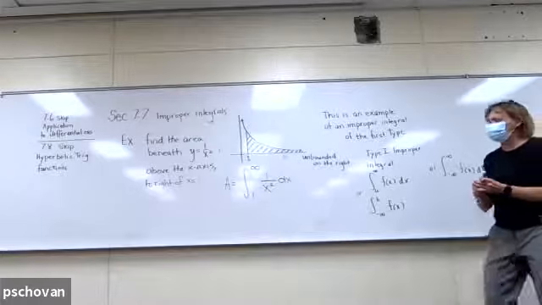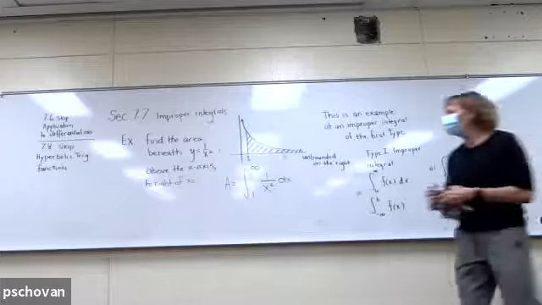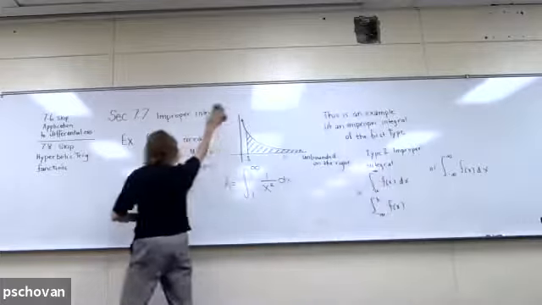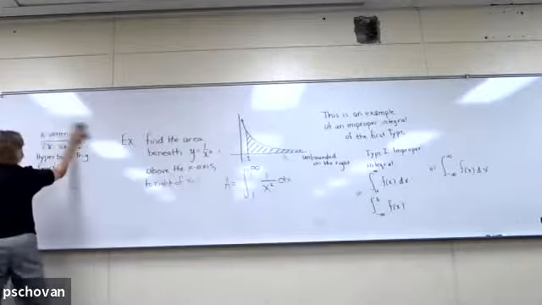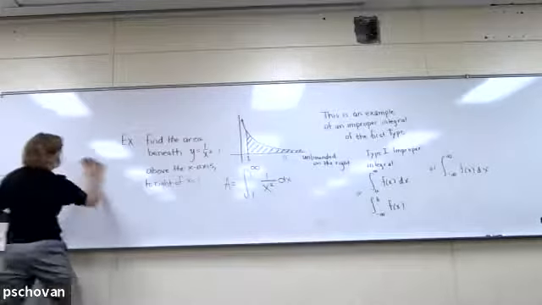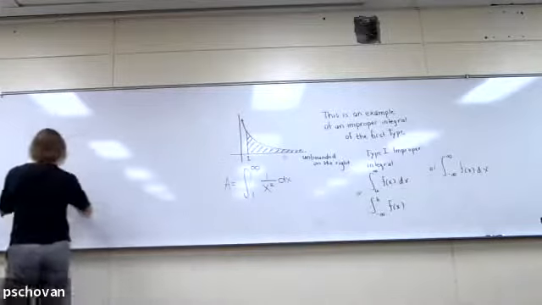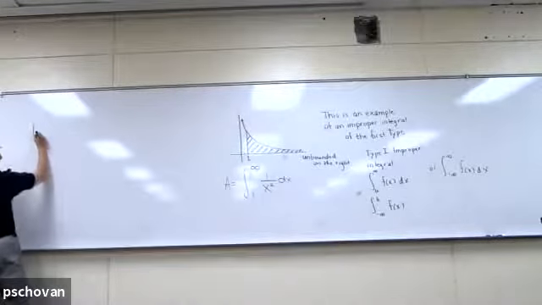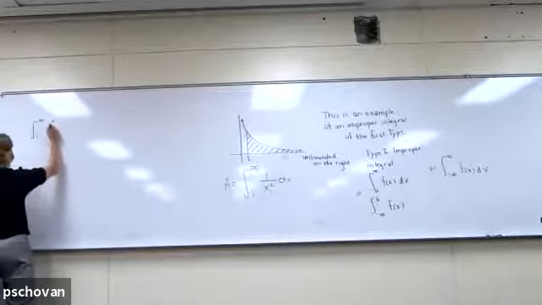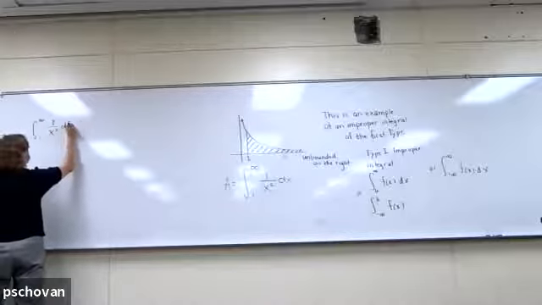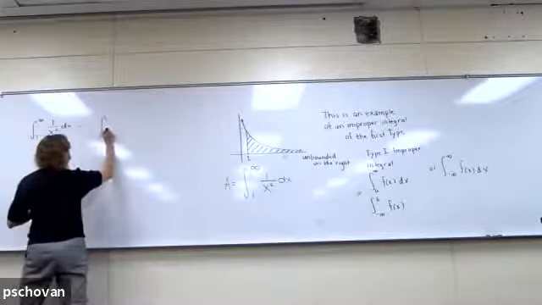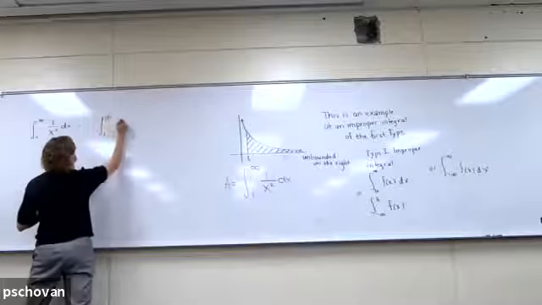So our steps are these. To integrate from 1 to infinity, 1 over x squared dx, I first integrate from 1 to n.